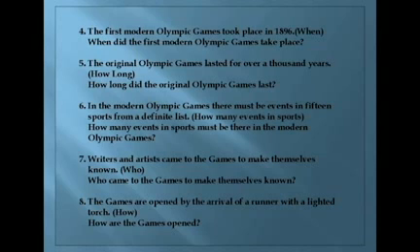The original Olympic Games lasted for over 1,000 years. The answer: how long did the original Olympic Games last? 6. In the modern Olympic Games, there must be events in a sport from a definite list. The answer: how many events in sports must there be in the modern Olympic Games?